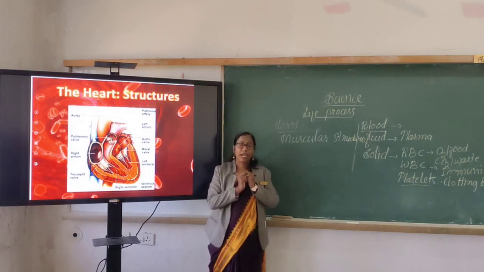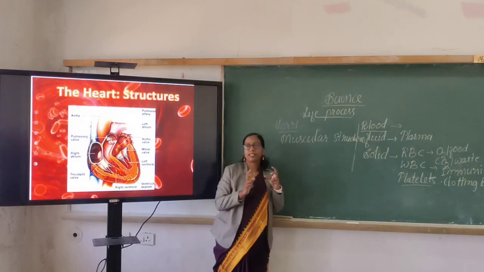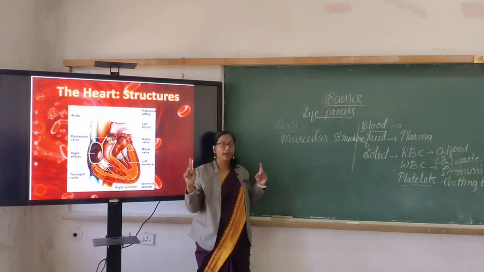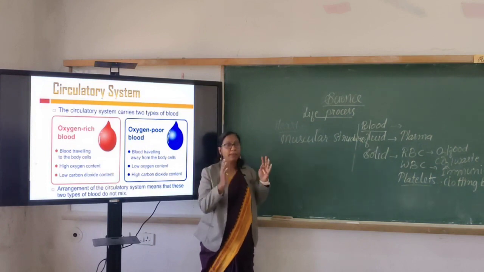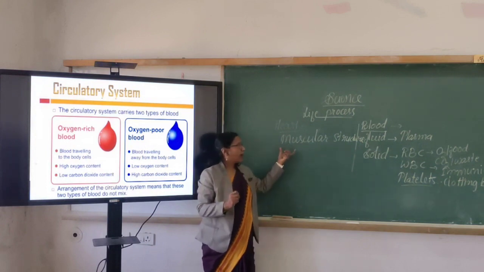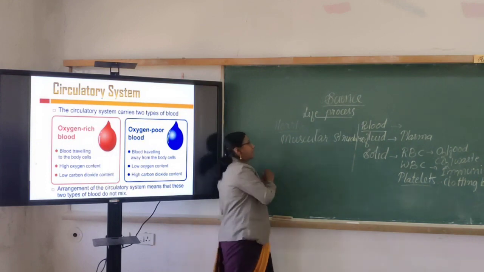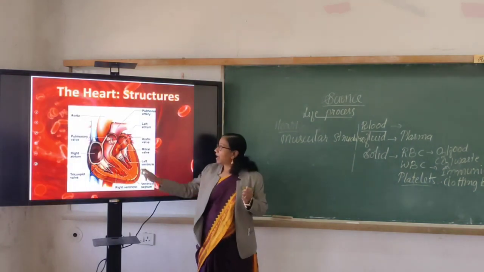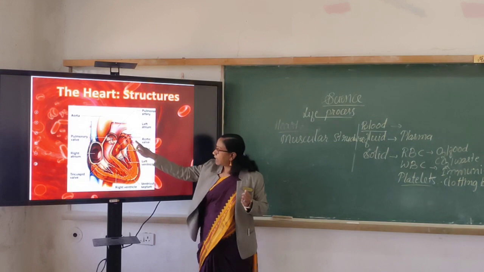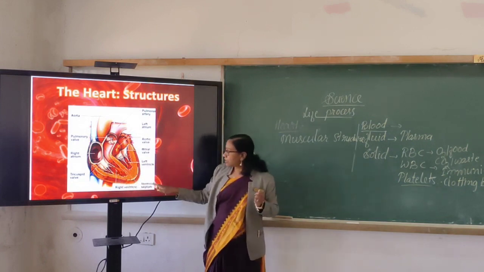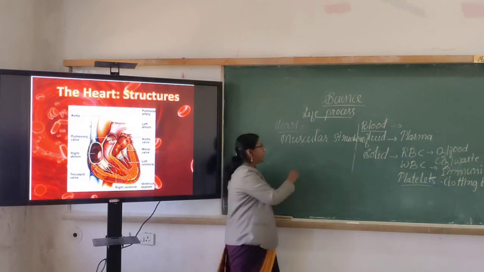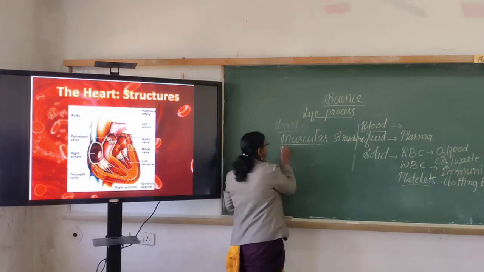It is a very strong muscle which makes it function throughout your life. And as you can see here, the heart is covered with a thin layer which is called the pericardium.